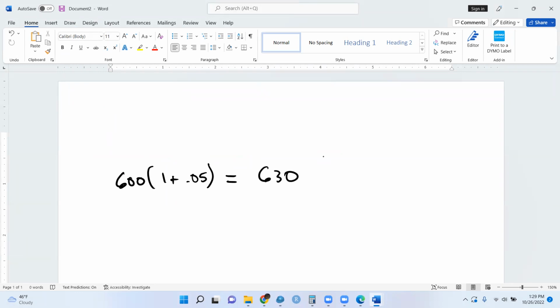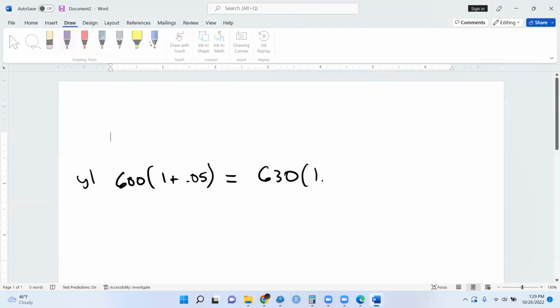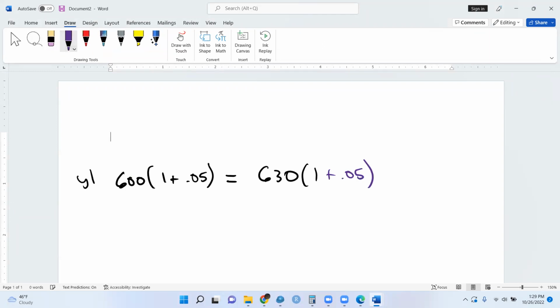So then what we did is we took this. So this is year 1. Year 2 is we multiplied this thing by 1 plus 0.05. Well, if we think about what this 630 is, it's this 600 times 1 plus 0.05.